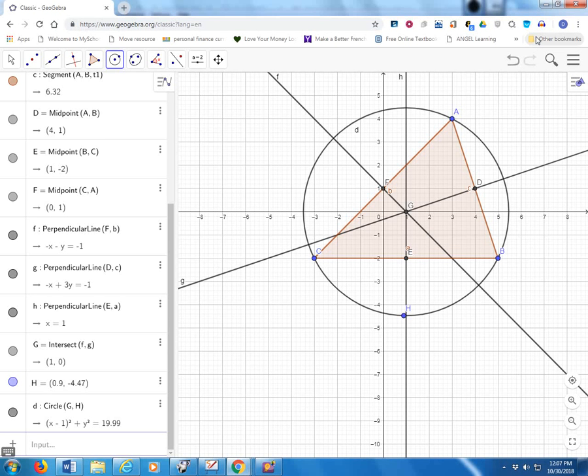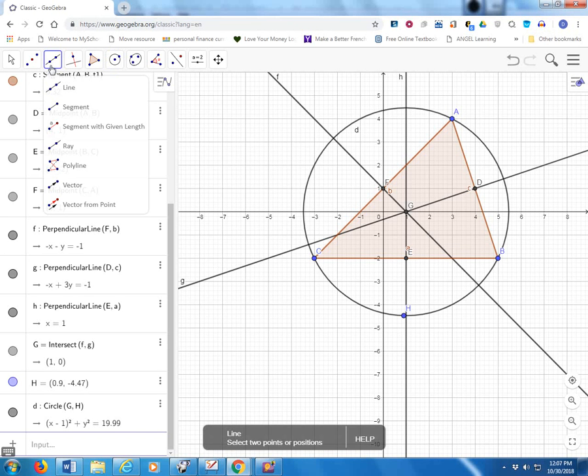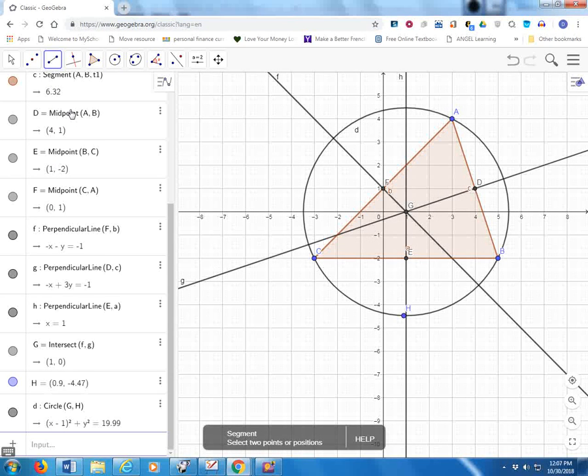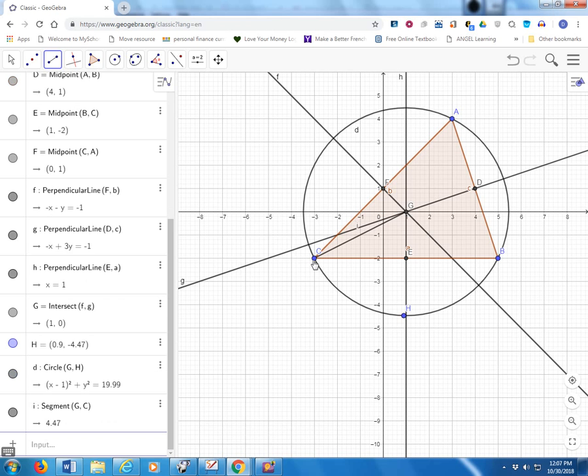So this is going to start looking a little complicated, but what I want you to do now is go to the segment, click segment, and I want you to start at the center, G, and go to each vertex.